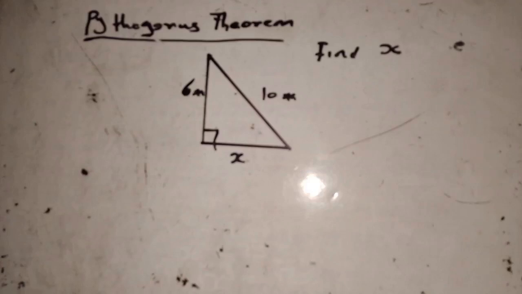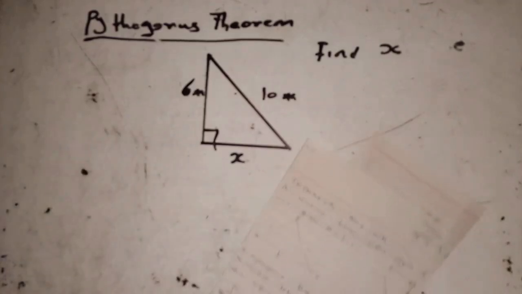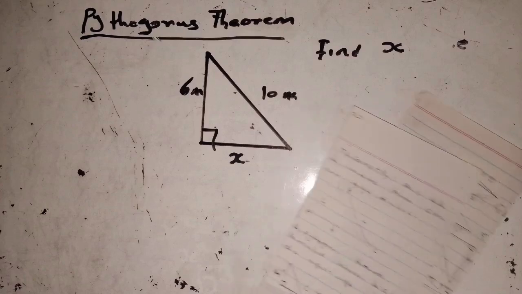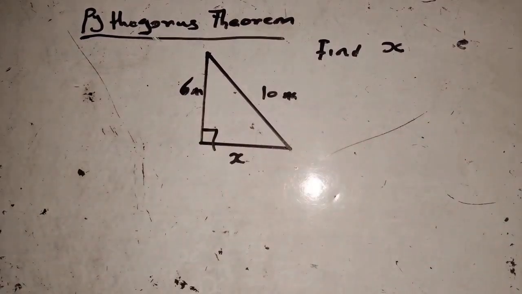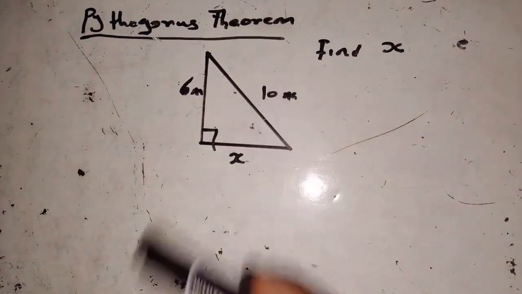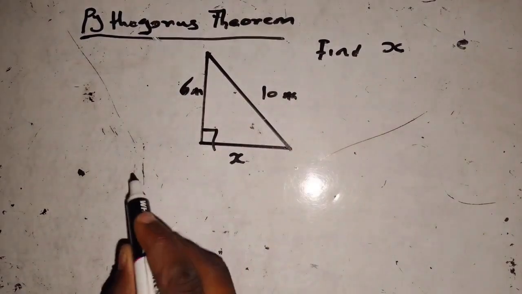So let's proceed. Here we're going to have 10 squared, which is the hypotenuse.